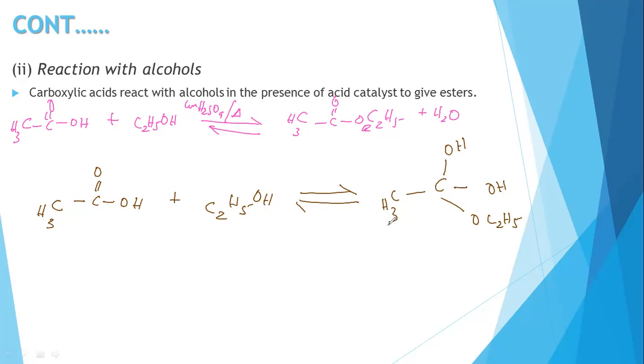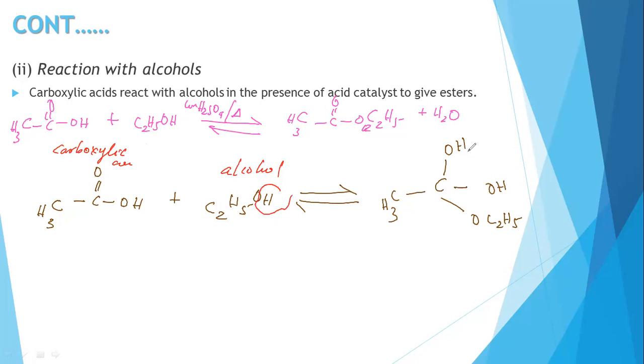Is it clear? Again I'm telling you. Look at your carboxylic acid. This is your alcohol, right? This is your carboxylic acid. This is your alcohol. Your carboxylic acid hydrogen part will attach with this oxygen. Your mechanism for the step is like that.